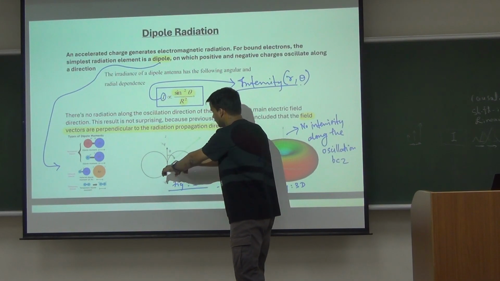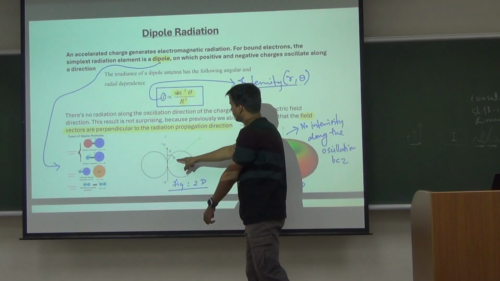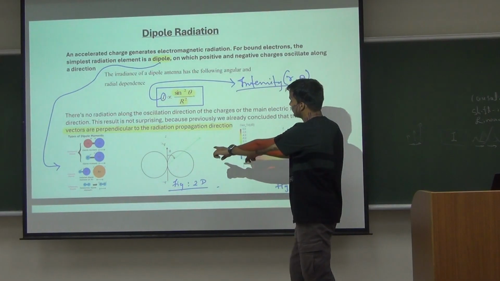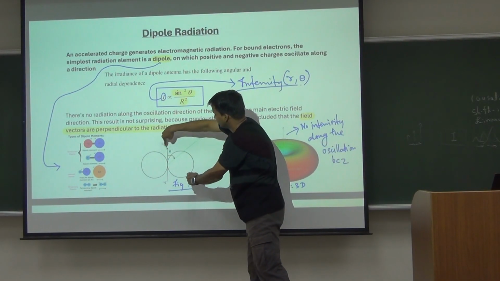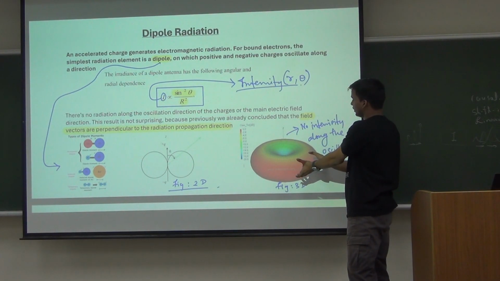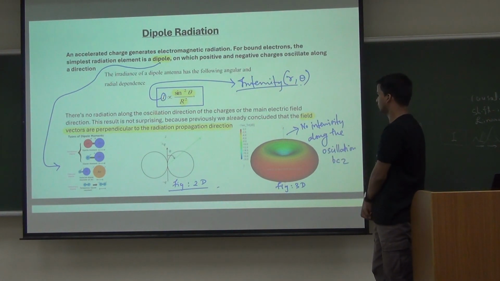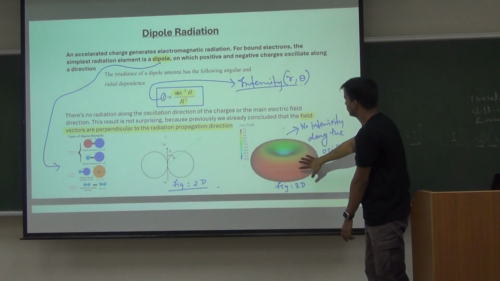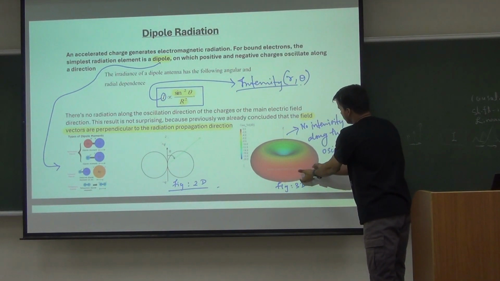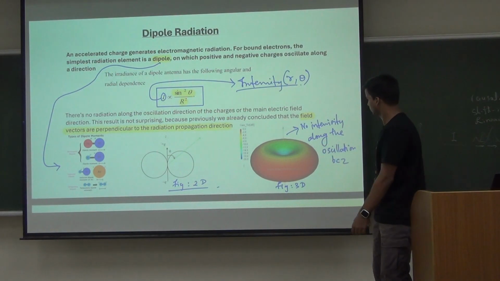This is the 2D picture of the radiation, and here is the 3D picture. If you rotate this radiation pattern through 360 degrees, what you get is this donut-like shape, which shows the intensity of the radiation. The darker color shows the higher intensity.